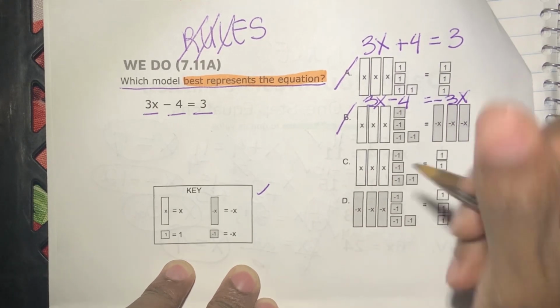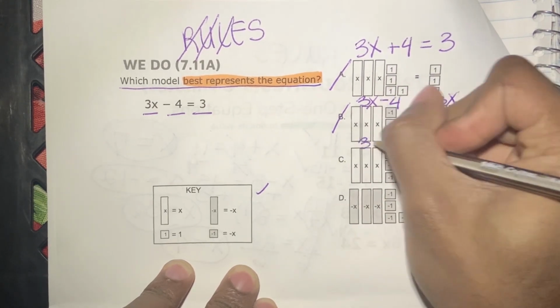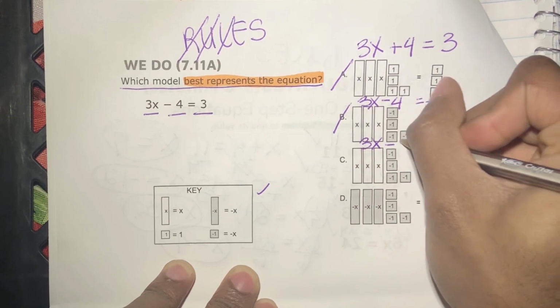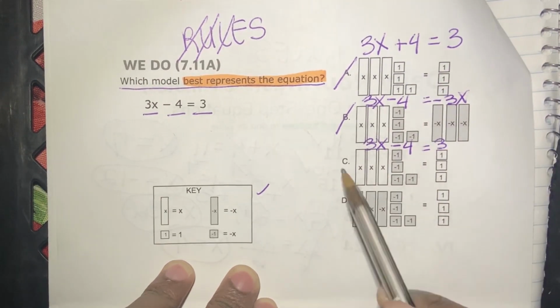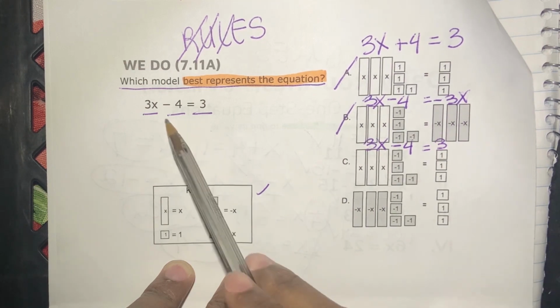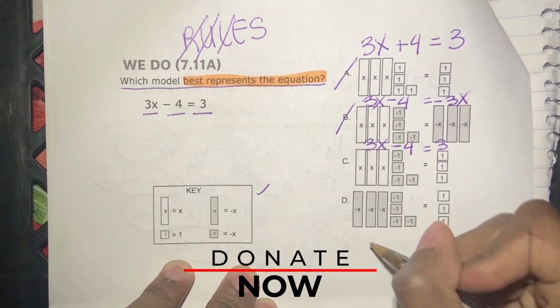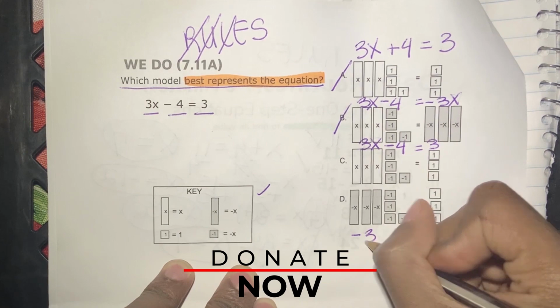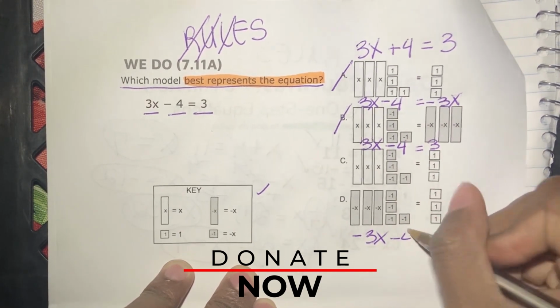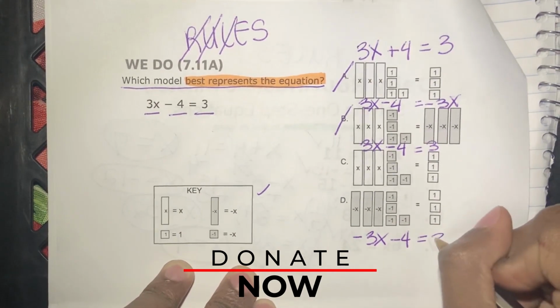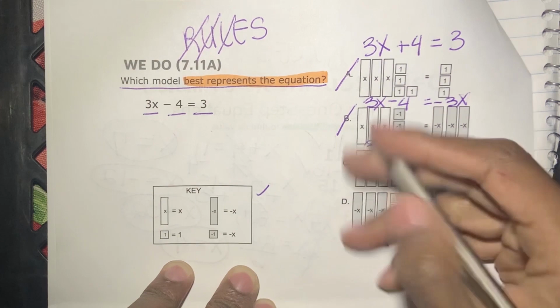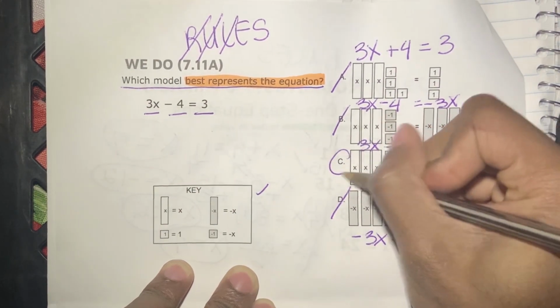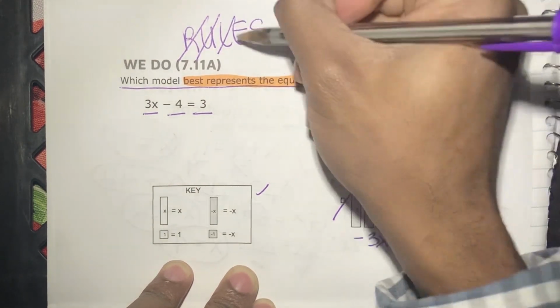Let's go to C. C has 3x minus 4 is equal to 3. That matches up. Let's go to D. D has negative 3x minus 4 is equal to positive 3. D's issue is it has negative 3x, but in our equation, it's supposed to be positive 3x, so it won't be D. So the only correct answer here, ladies and gentlemen, is C.